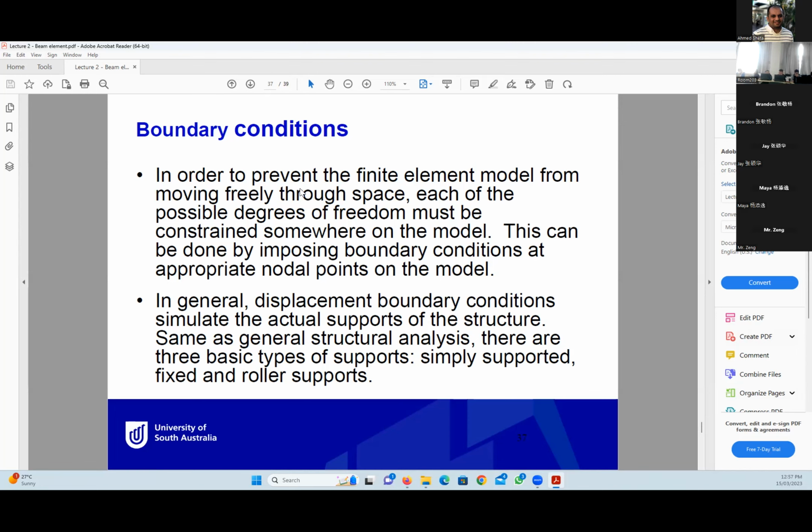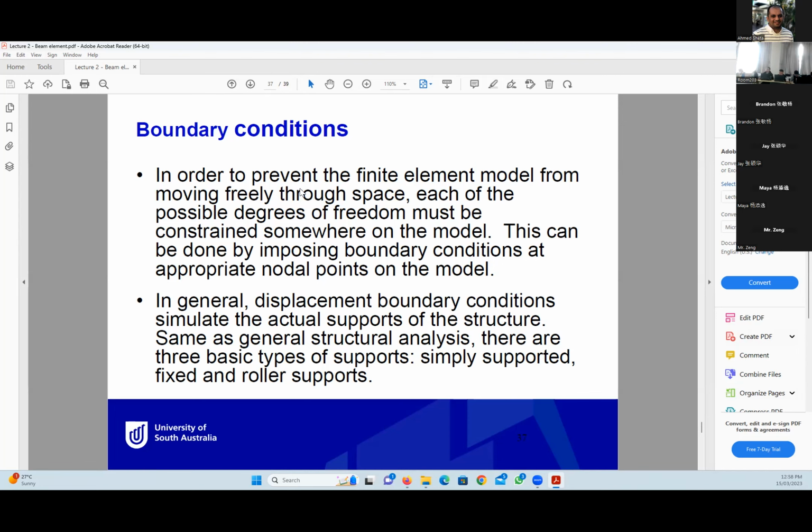So you need to add the boundary conditions, like the fixed support, hinged support or roller support. The roller support prevents the movement in one direction, so it has one reaction. Also, the hinged support prevents the movement in two directions, x and y, so it has two reactions.